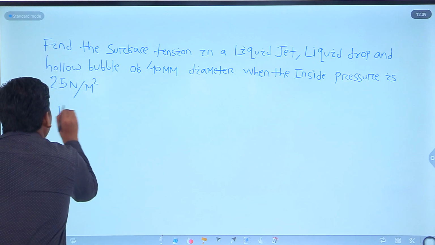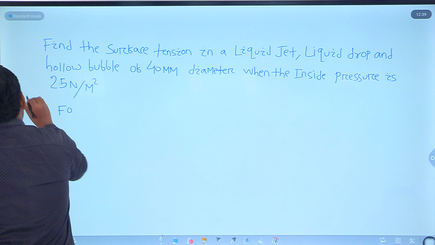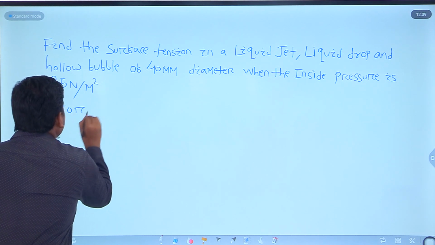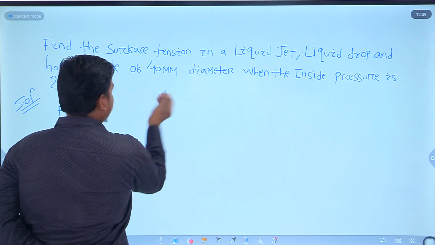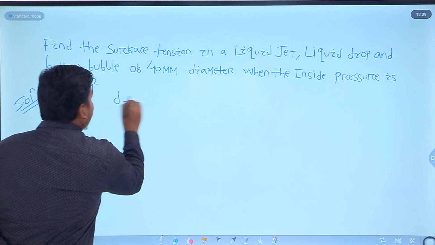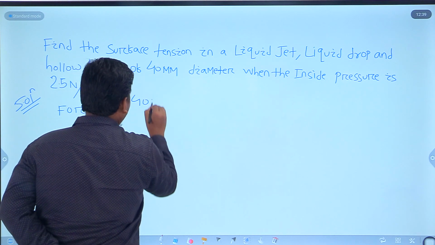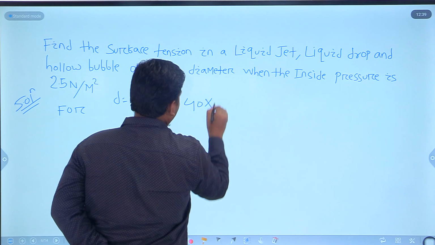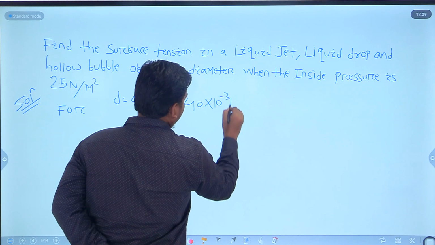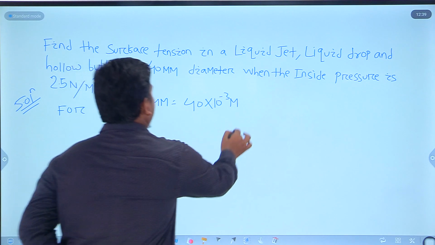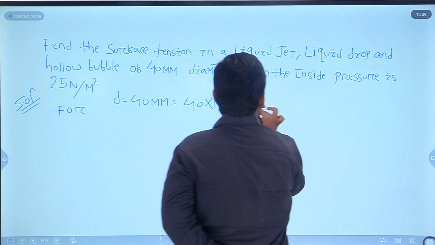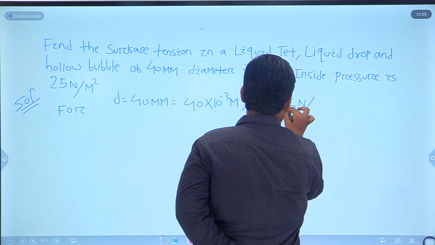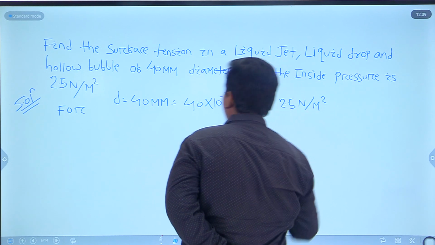Solution, data given here: d is equal to 40 mm converted into meter, 40 into 10 to the power minus 3 meter. Pressure 2.5 Newton per meter square.